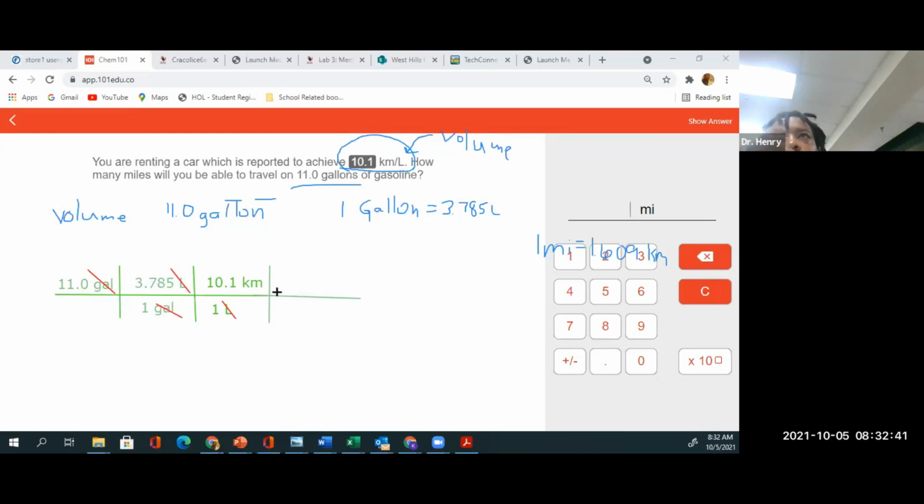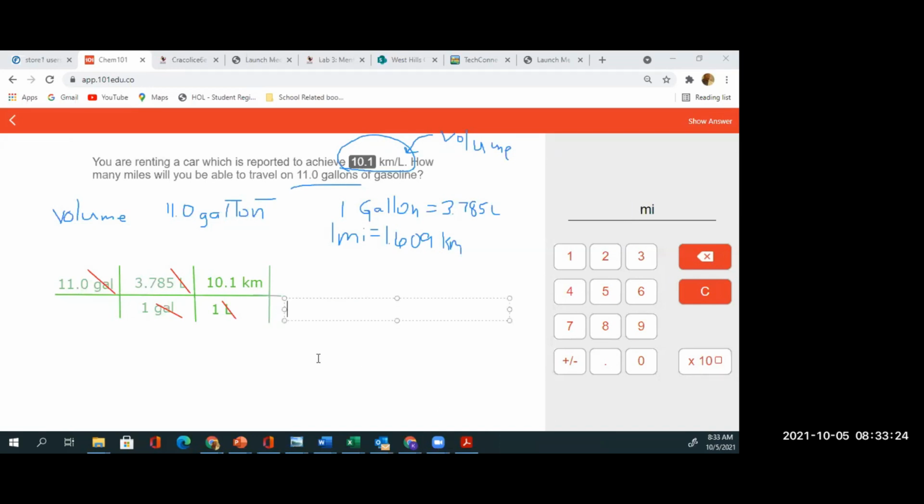And so how do I get from kilometers to miles? Anyone? Put the 1.609 kilometers on the bottom and 1 mile on top. Okay.